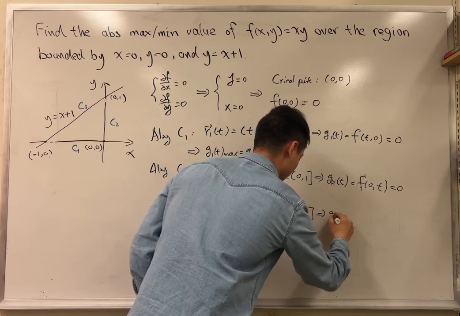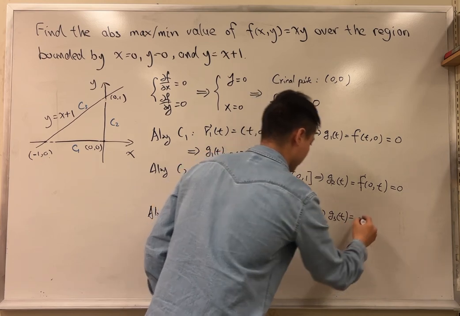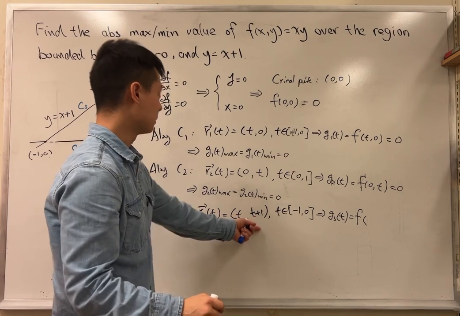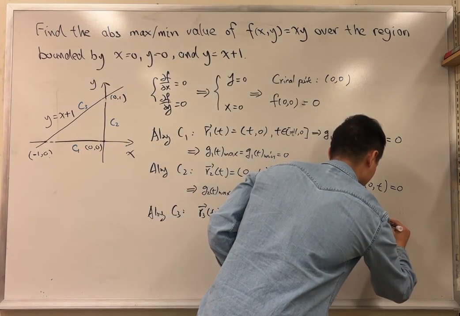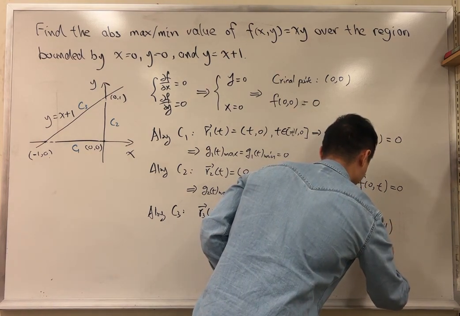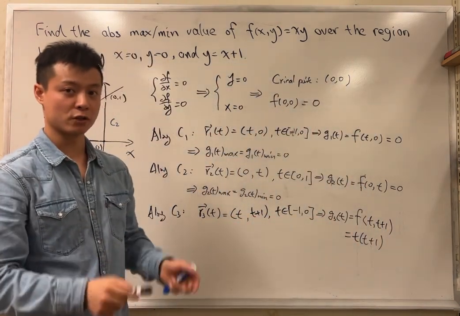Then we do the same thing, evaluate the function on this line segment. We have f(t, t plus 1), which gives us t multiplied by t plus 1. It's going to be a quadratic function.